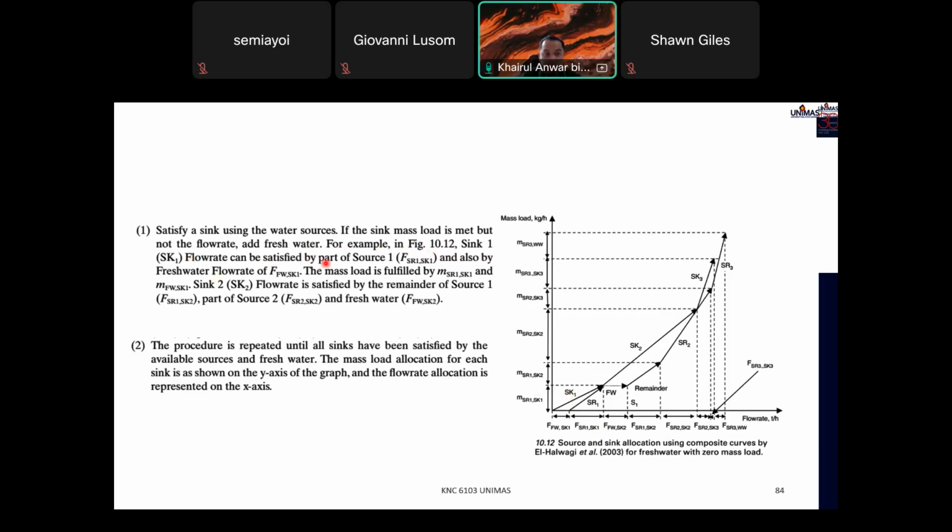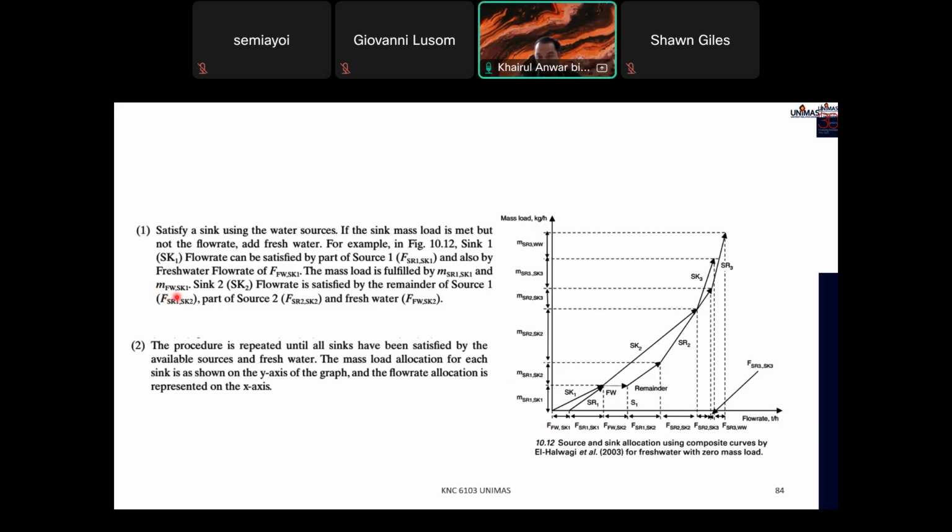Flow rate can be satisfied by part of source 1, and by fresh water, for SK1. The mass load is fulfilled by source 1 to SK1 and the fresh water.